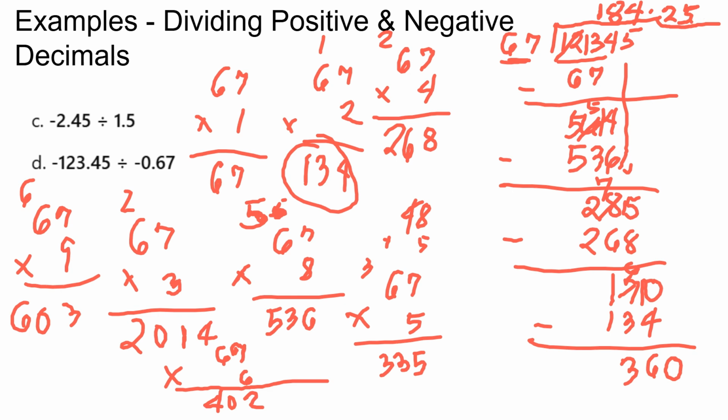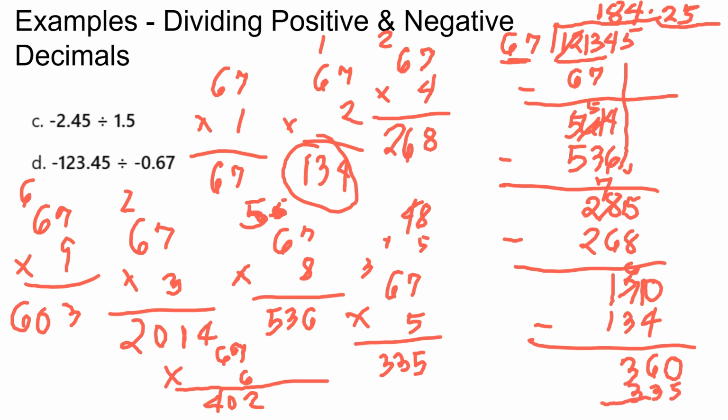And then 5 times 67 would give us 335 over here.